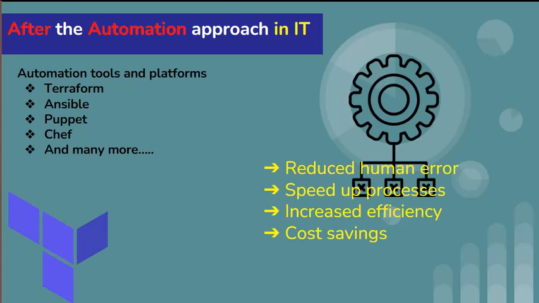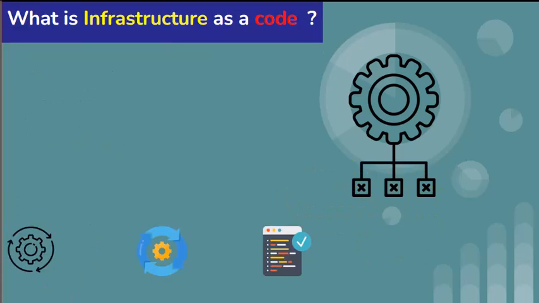Now let's understand IaC, right? So what is IaC? IaC stands for Infrastructure as Code, which is a software engineering approach to managing and provisioning IT infrastructure using code.